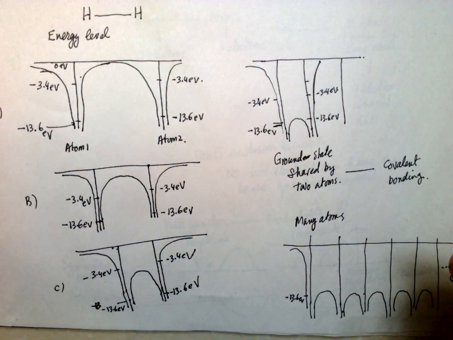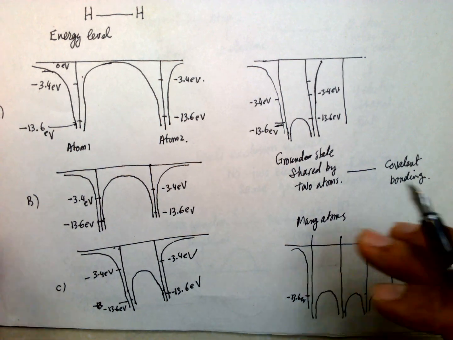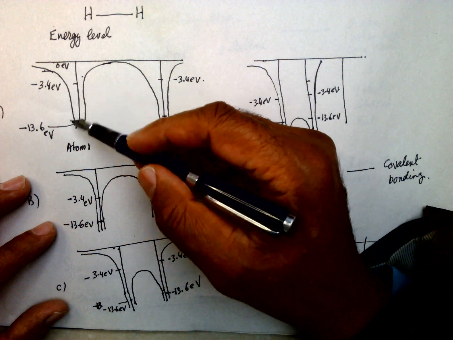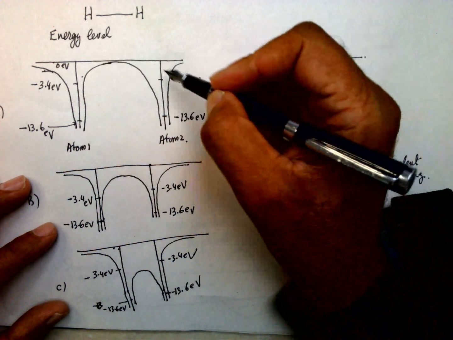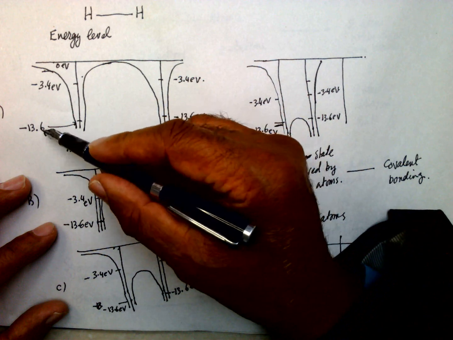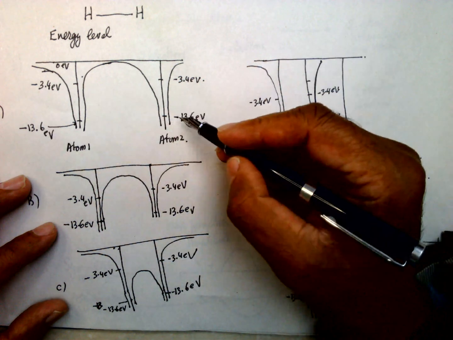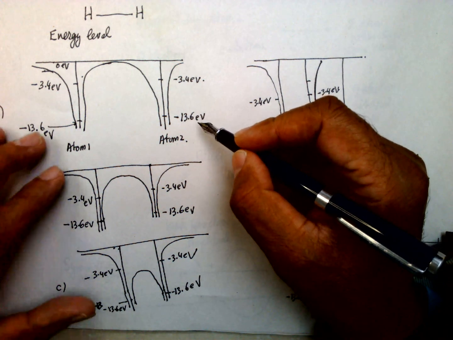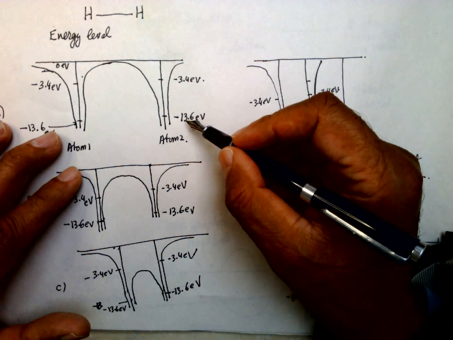Consider the case of hydrogen, bringing two hydrogen atoms close to each other, atom 1 and atom 2. Each has a lowest energy of minus 13.6 electron volt.